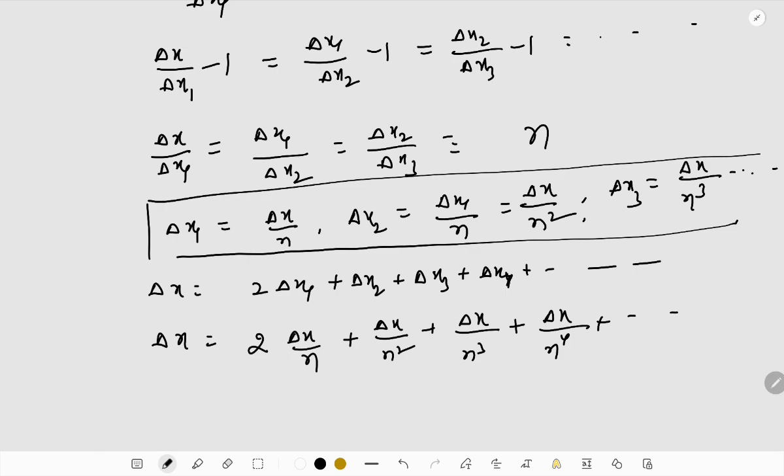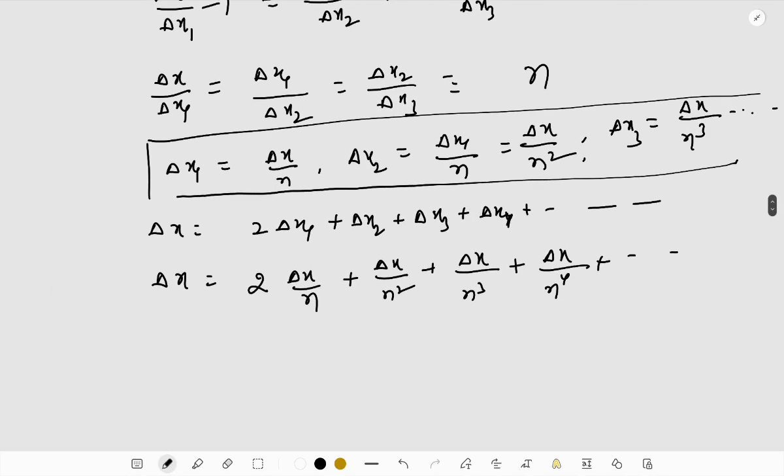And then we can see that it's a condition of geometric progression, and if we cancel all these delta x's, we can write something like 1 equals 2 by n plus 1 by n square plus 1 by n cube, and like this.